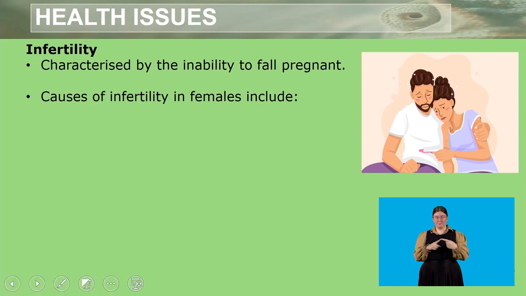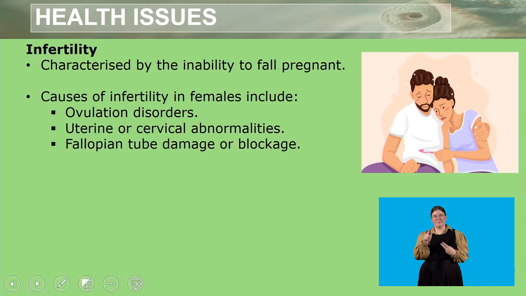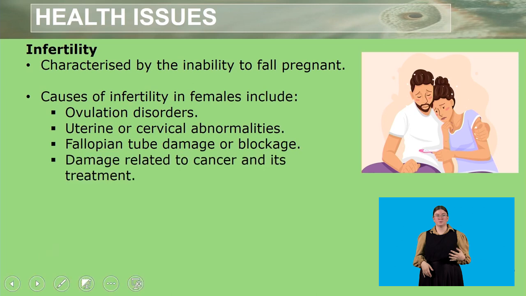And those causes include ovulation disorders, uterine or cervical abnormalities, fallopian tube damage or blockage, damage related to cancer and its treatment. We are going to look at the causes of infertility in males.